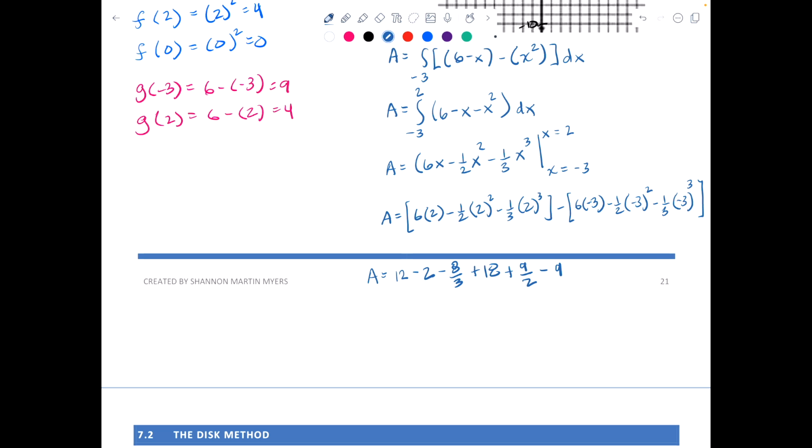All right. Okay, so I'm going to combine the whole numbers here. So let's see, do you see that negative 9 and negative 2 is negative 11, plus 12 is positive 1, plus 18 is 19. And then we have, let's see, 6 would be the common denominator, so minus 16 sixths, and then plus 27 over 6.